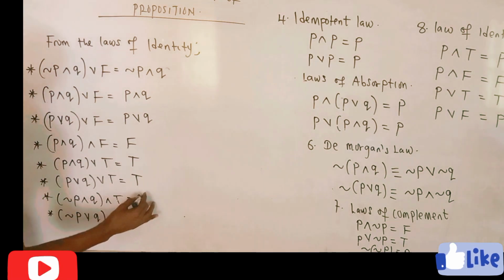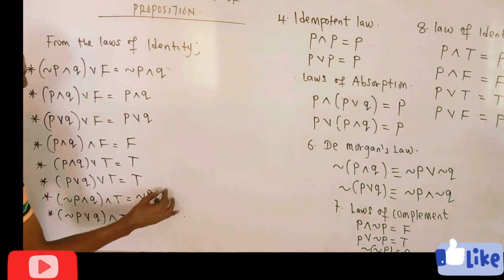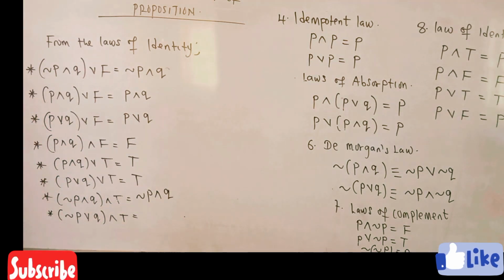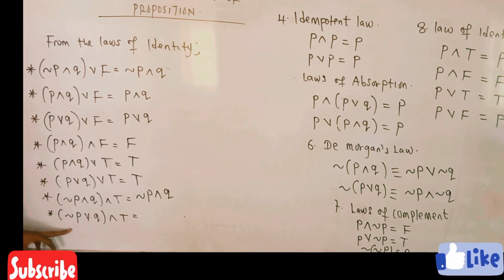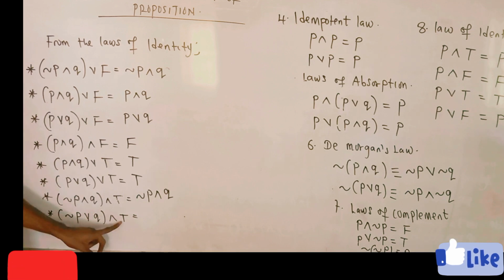So the answer becomes negation of P and what? Q. Finally, the negation of P or Q and T. Because of the word and, of course the final truth value depends on this particular proposition, because if this proposition is true, then true and true becomes true.